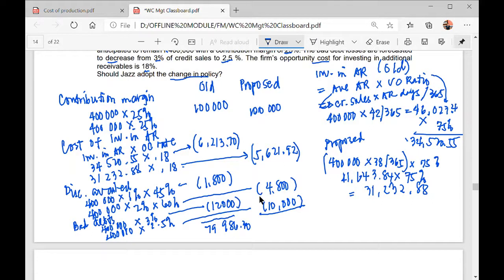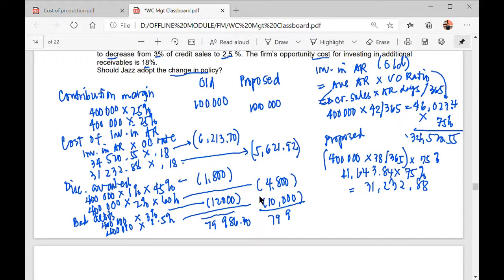And then sa proposed, 100,000 minus 5,621.92 minus 4,800 minus 10,000, that is 79,578.08. Okay. Based on that answer, unsa man, maayo bang i-change ang policy or dili?